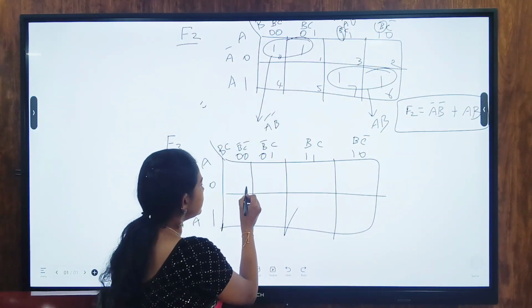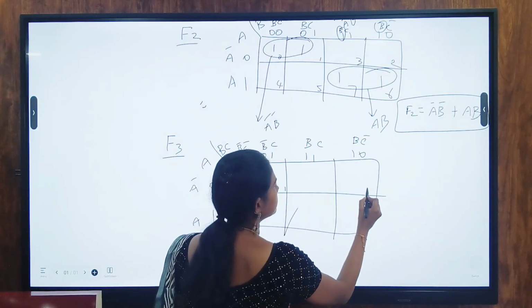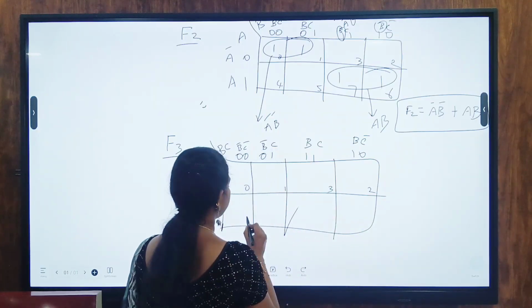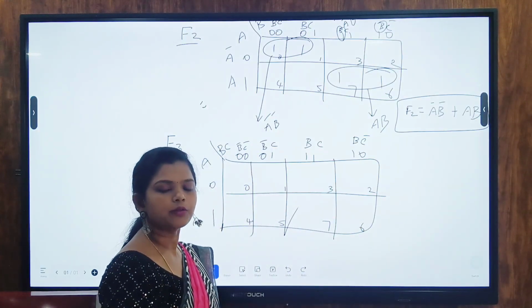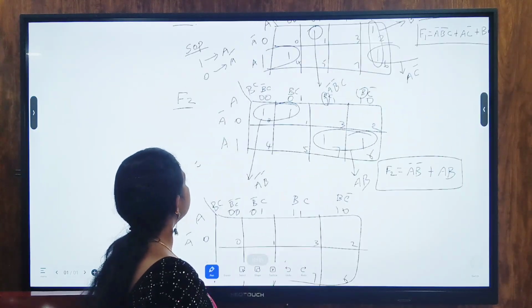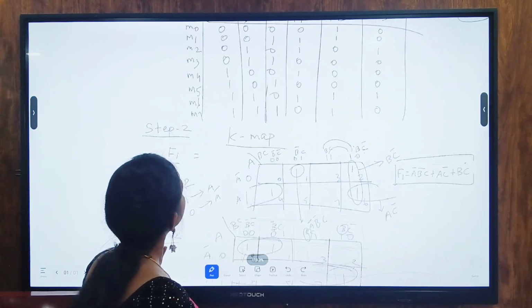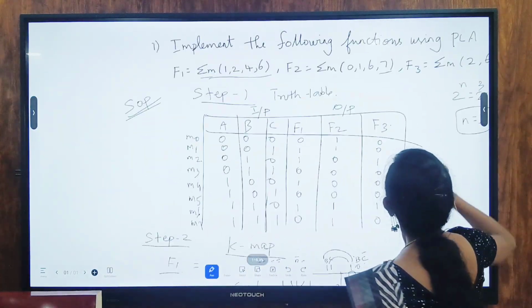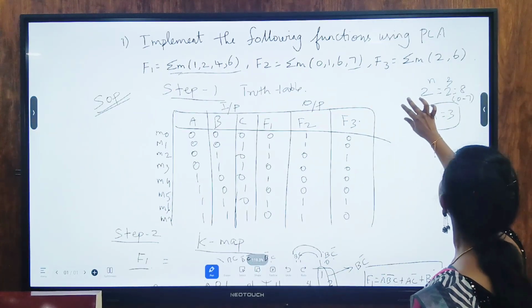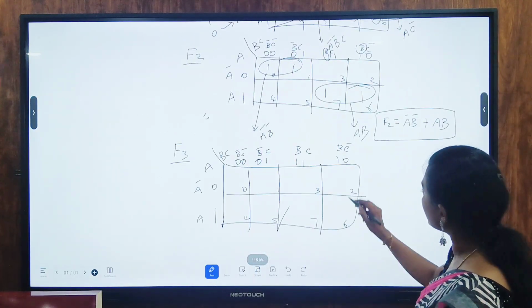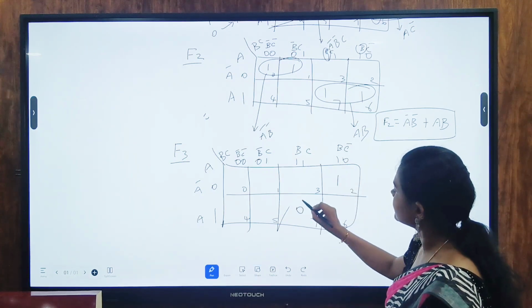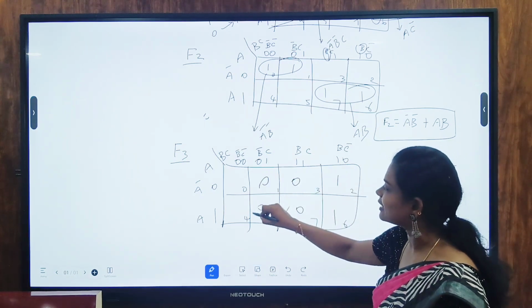Now immediately write the designation inside. Done. Now we are going to plot the given minterms for the F3 function. F3, what is the function? 2, 6. For those minterms alone I am going to plot one inside. The rest you can just leave.